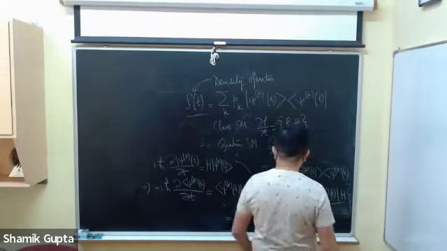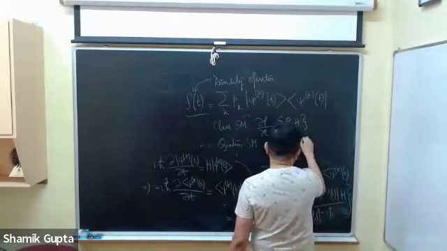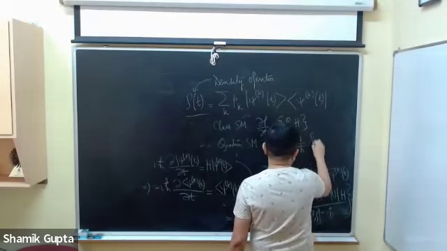And what I get is del rho del t is i by h bar of rho H.